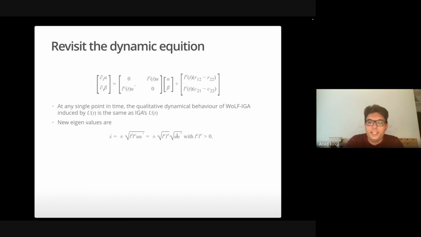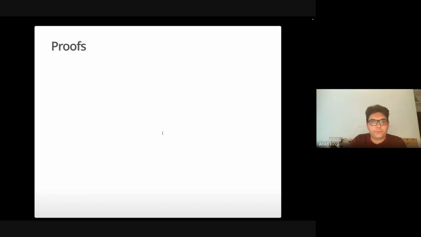So if we were in a real eigenvalue solution before, we are still in a real eigenvalue solution, because L_R and L_C are always positive. This is just a positive prefactor that comes out of here. So we still decide by u and u prime whether we are in a real or complex plane.